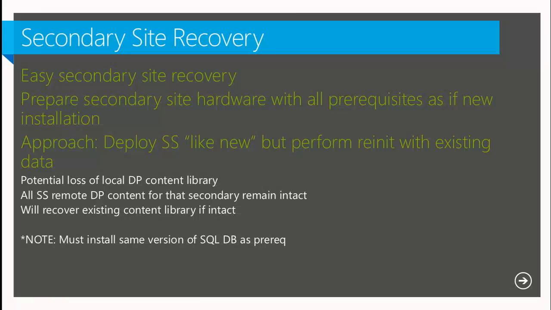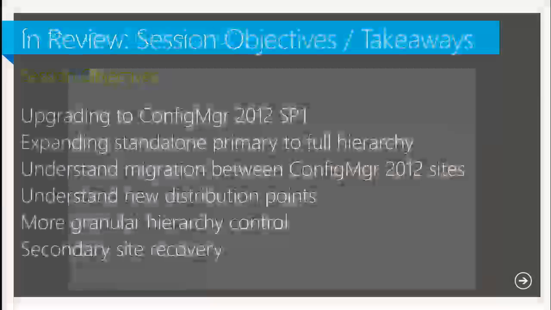And you can do that with the pre-staged media or pushing it down as necessary. But those options are available to you to recover the secondary site server. So does that help with a lot of issues that people had with the original RTM? Yeah, I'm thinking so. Okay, so we heard that loud and clear.